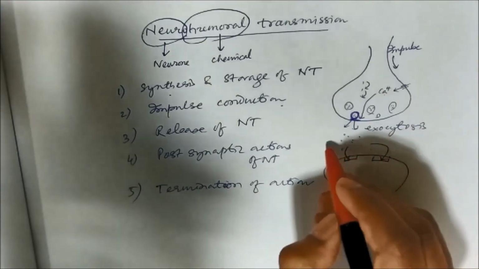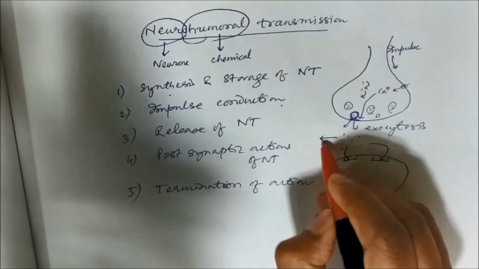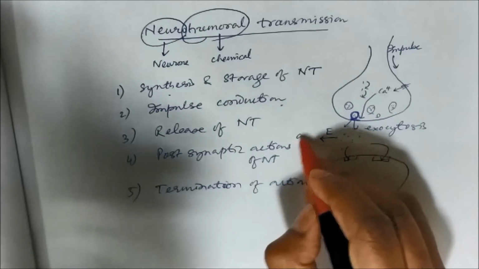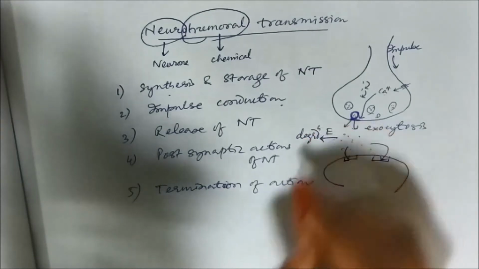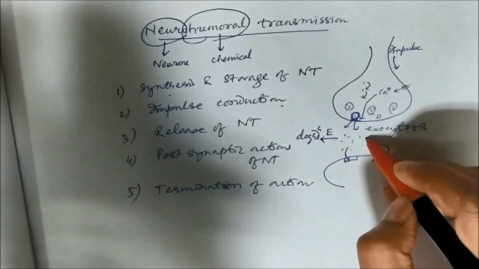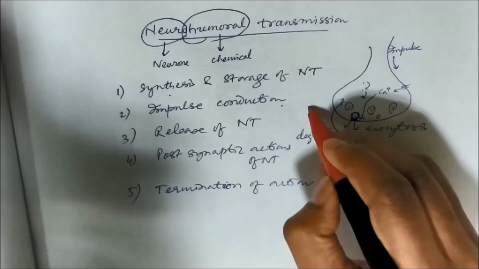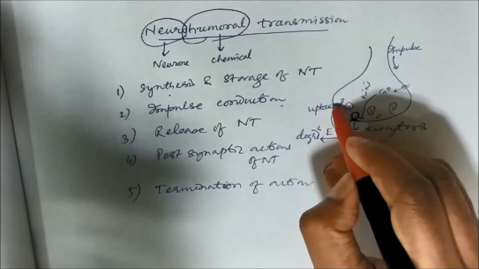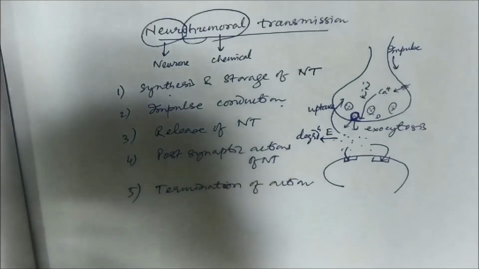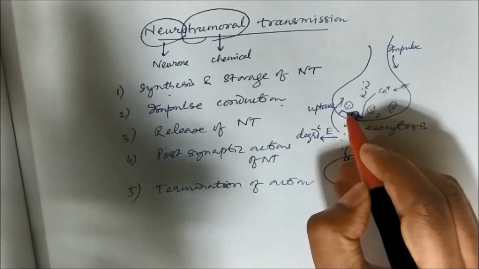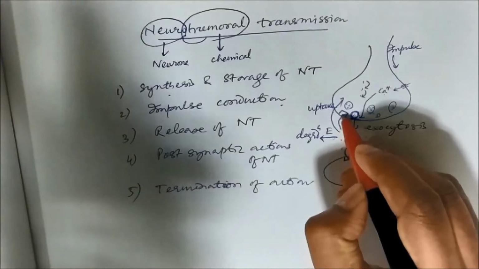How will these actions be terminated? Number 1, they will be degraded by the enzymes, so there will be degradation. And sometimes they are uptaken into the presynapse, that is called uptake. And already you have studied that some of them can also act on the presynaptic receptors.